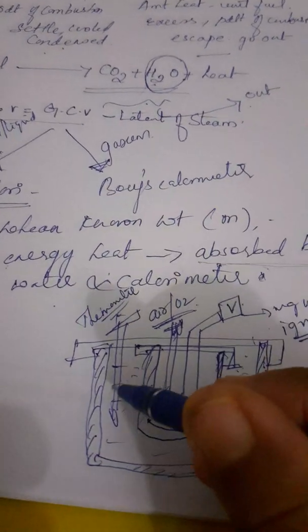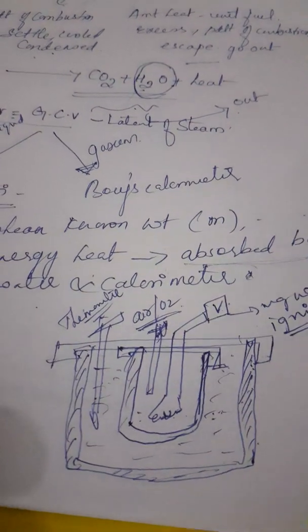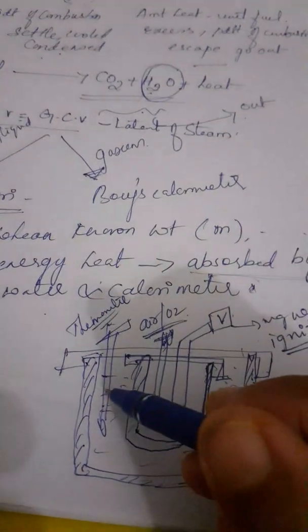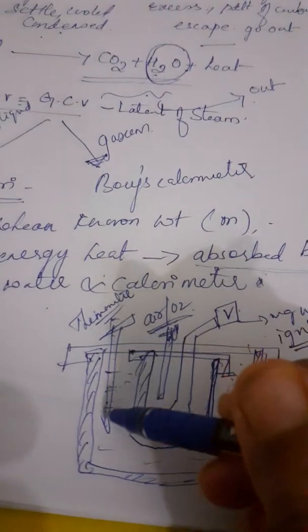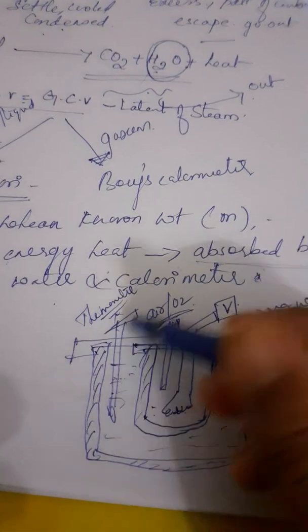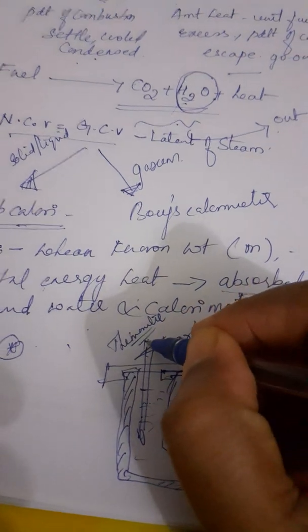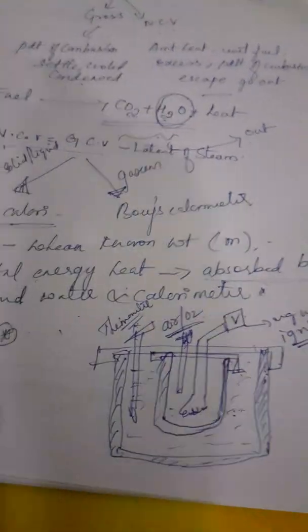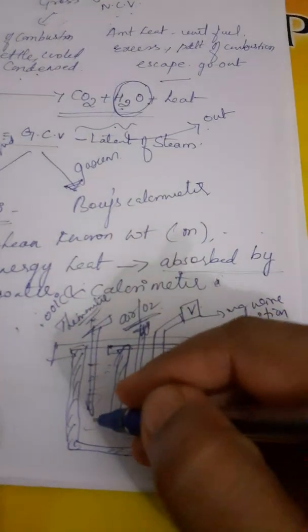First you have to note down the initial temperature of the water, and then after complete burning of the fuel, you note down the maximum temperature attained. For that, a Beckmann thermometer is kept in the calorimeter, because its accuracy is very, very high. It can read a very slight 0.001 degree centigrade change in temperature also.